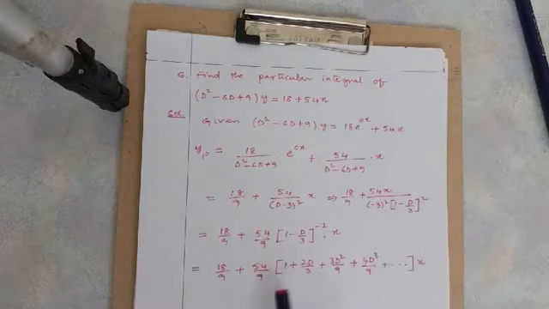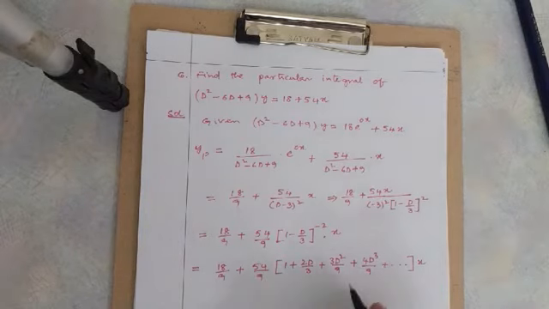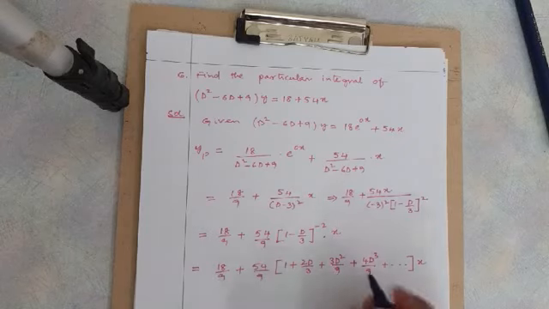As I have told you just now, (1 minus x) whole power minus 2 becomes 1 plus 2x plus 3x square plus 4x cube and so on. So here there is 1 plus 2x plus 3x square, and this becomes 27.